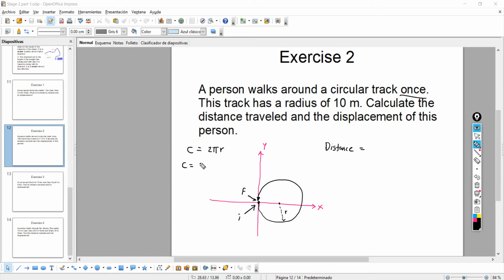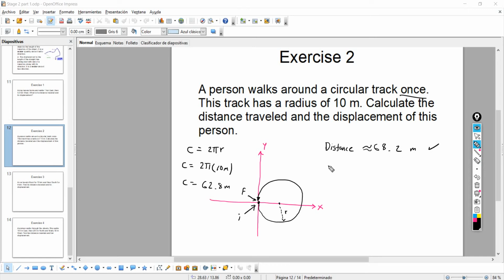So in this case, the full circumference will be 2 pi times 10 meters. So take your calculator and please calculate 2 times pi times 10, and you will find that it's approximately 62.8 meters. So that's basically the whole distance traveled by this person. It's an approximation, so we should write this symbol, guys. Distance is approximately 62.8 meters.